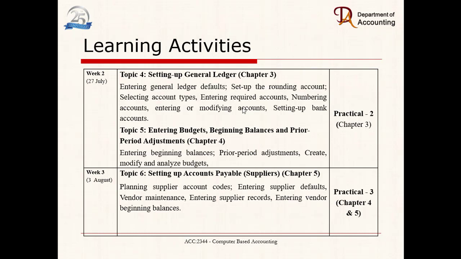And for inventory, we have another, and we call it the inventory module. And for payroll related transactions, we have the payroll module or employee related module. So likewise in this software, it's an integrated software.